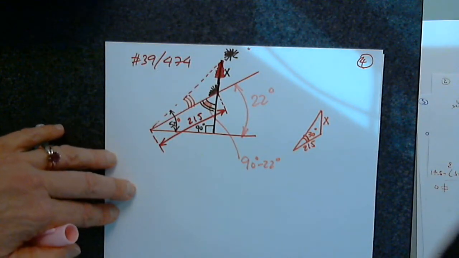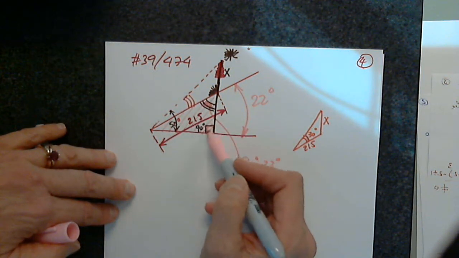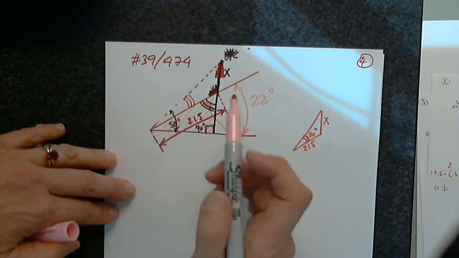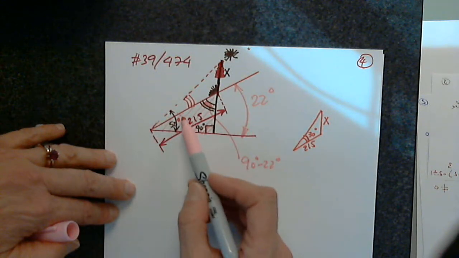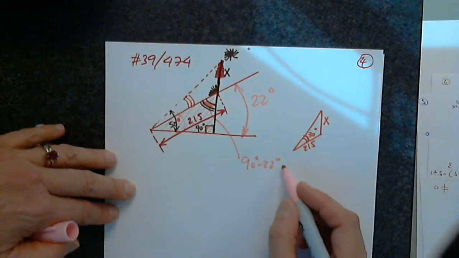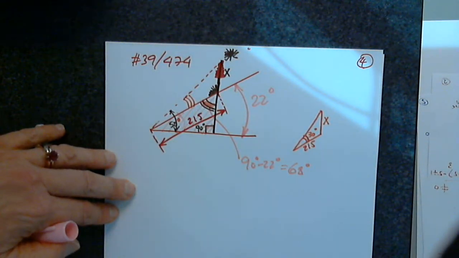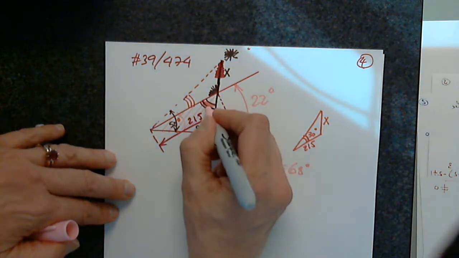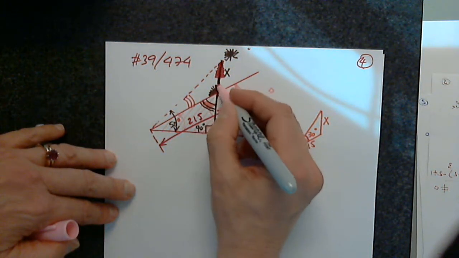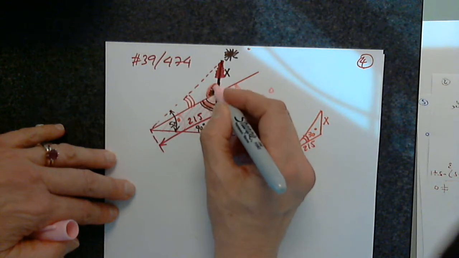How'd you get to 68? Because this is 90. So in this triangle, this is 90 and this piece is 22. Oh, yeah. If this is 22, this is 90 minus 22. So 90 minus 22 is 68. If this piece is 68, then from 180, I subtract 68 to get this piece.